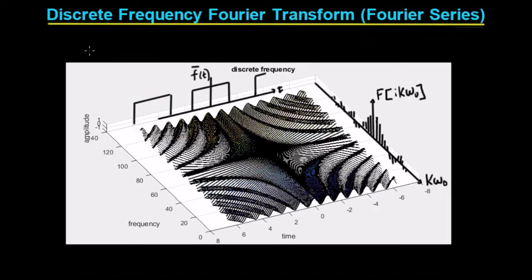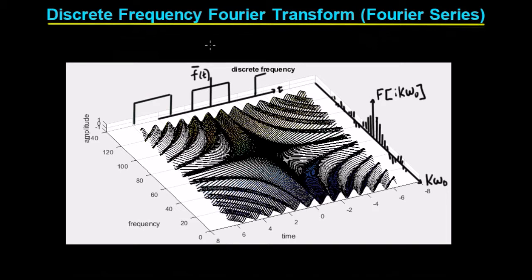We've seen when we did the discrete time Fourier transform that we took this surface and cut it along this axis, so the time axis became discrete. Now we're doing the discrete frequency Fourier transform, so this surface has been cut in this direction. It means the frequency axis is now discrete.